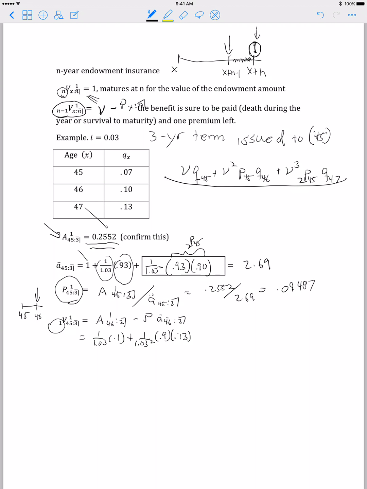So there's the actuarial present value of my 2-year term insurance. And I have to subtract my premium, which is 0.09487, times the actuarial present value of my 2-year temporary annuity due, 1 plus v p46. Okay, so now all you have to do is arithmetic. Do that arithmetic. There's your 1-year terminal reserve. And what's your 2-year terminal reserve?